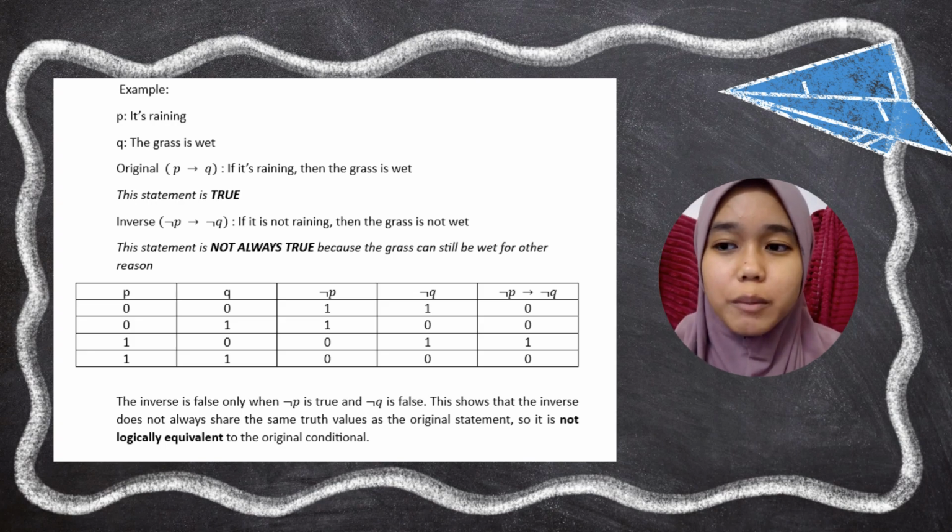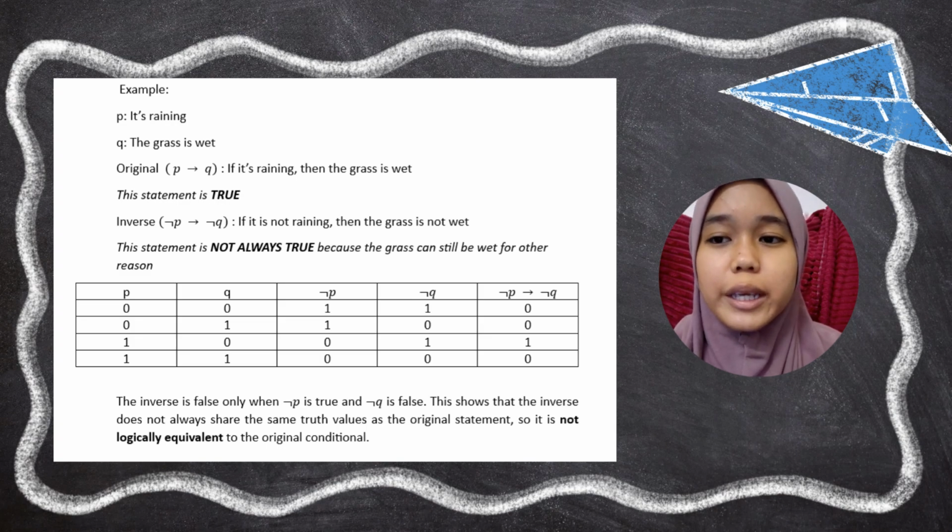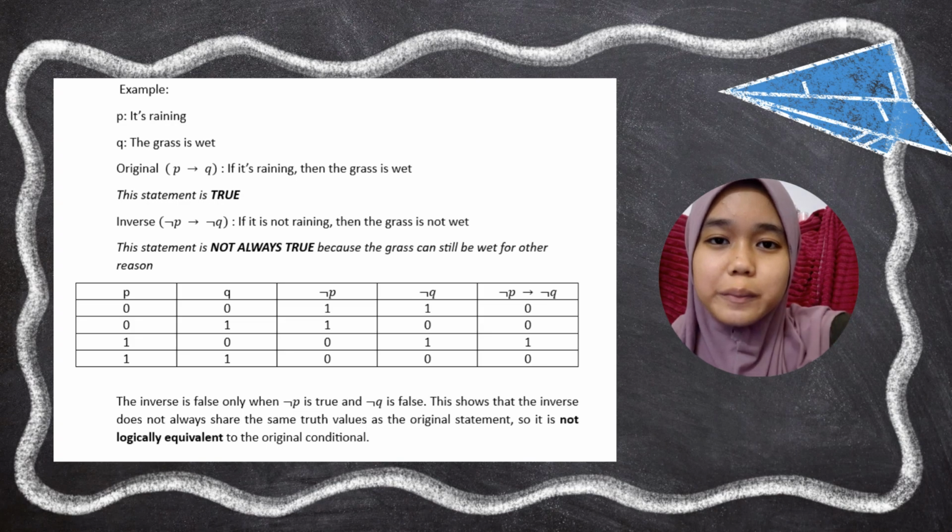And for the inverse statement, it will be if not P, then not Q, which is if it is not raining, then the grass is not wet. The inverse is false when not P is true and not Q is false because the grass can still be wet for other reasons. This shows that the inverse does not always share the same truth value as the original statement. So, it is not logically equivalent to the original condition.